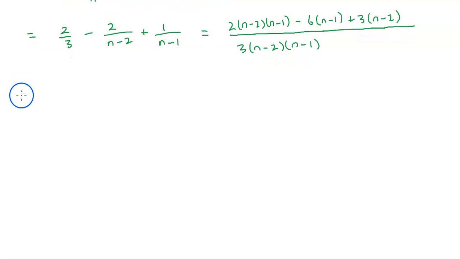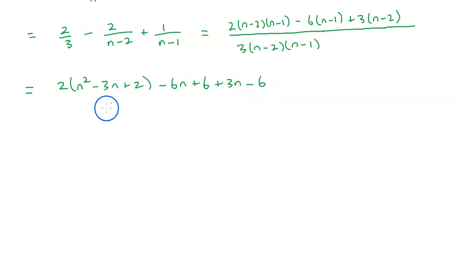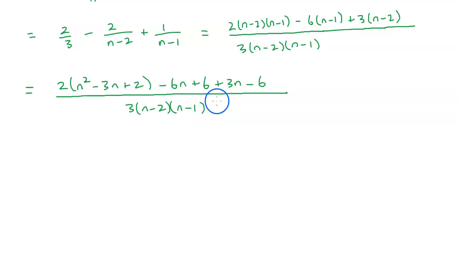Alright, continuing along, to simplify, so this is 2 times n squared minus 3n plus 2. Okay, and then minus 6n plus 6, and then plus 3n minus 6, divided by 3 times n minus 2 times n minus 1. 6's cancel.